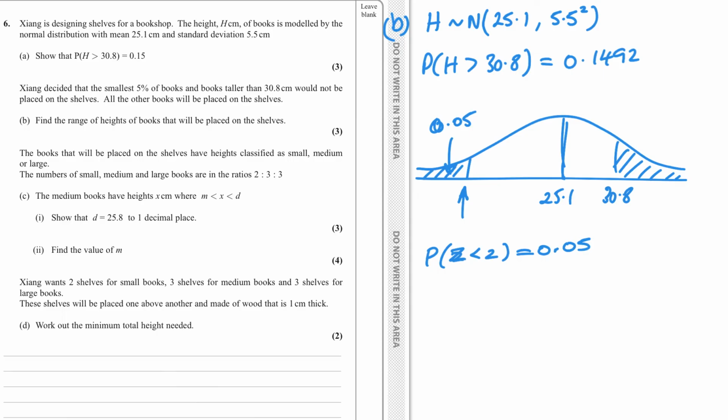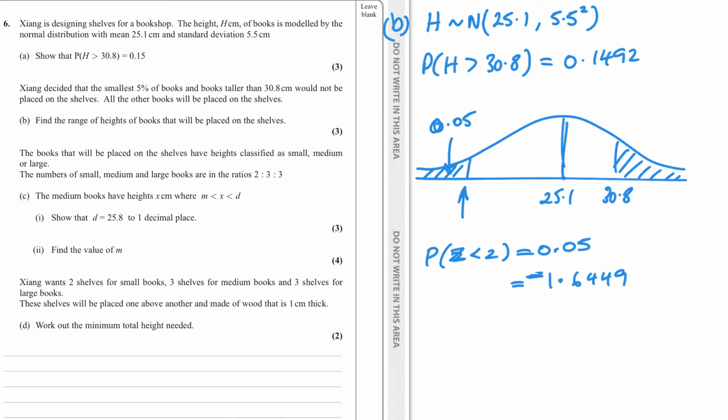And for this one, it's very useful to use the second table. So probability of 0.05 gives me a z value of 1.6449. Now, due to where this is placed here, which is left of my mean, I know that this z value is going to be a negative z value. It's a negative z value.